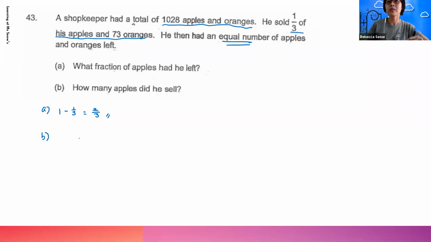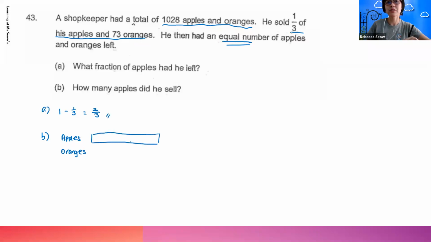Probably we will need to express the information here in terms of a model that will help us see it more clearly. So we have apples and oranges. He sold 1/3 of his apples and 73 oranges. Okay, so let's see. If he sold 1/3 of his apples, that means altogether he would have 3 units of apples.